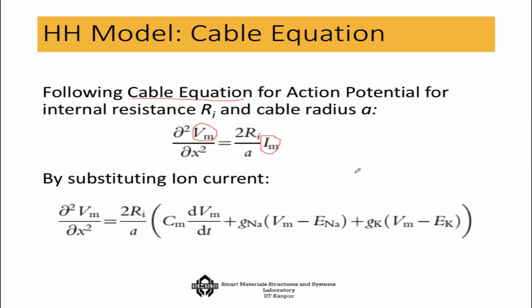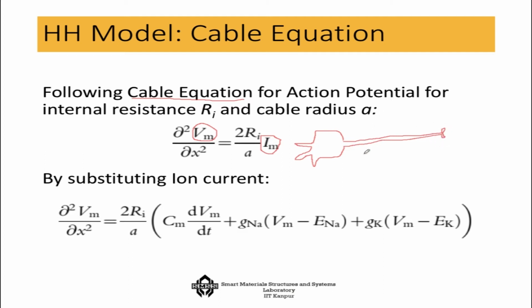Essentially, let us say we have a soma which has some dendrites, and from that soma we have the axon going, which ends at some synapse.